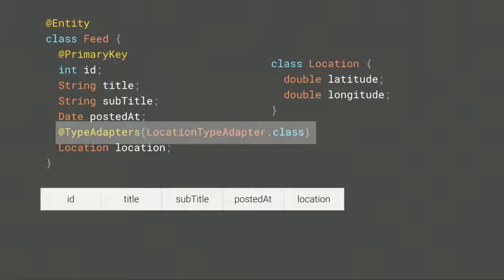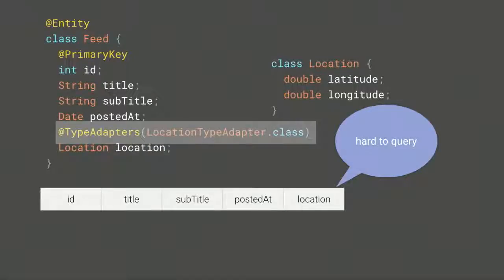Or you can do something like bit masking and bit shifting to try and convert these 2 doubles, encode them in one long field. This is going to be hard to query even for this simple case when we only have 2 doubles that we are trying to encode. We're trying to compact it into one field. And the more complicated the data structure is, the harder it becomes to use type adapters for these cases.